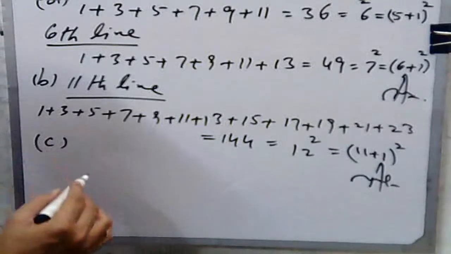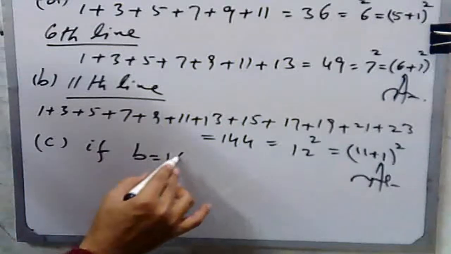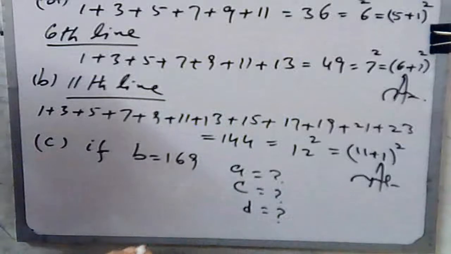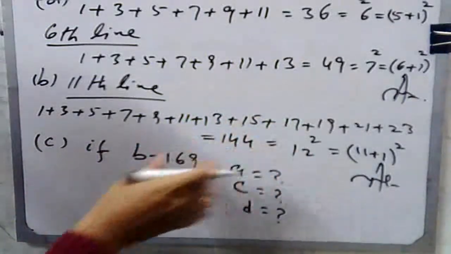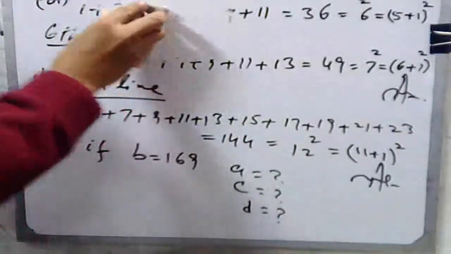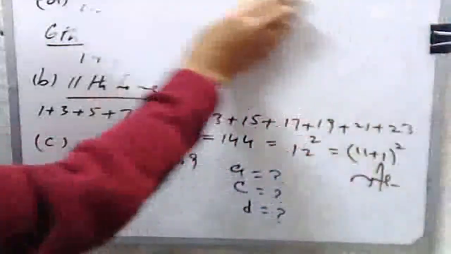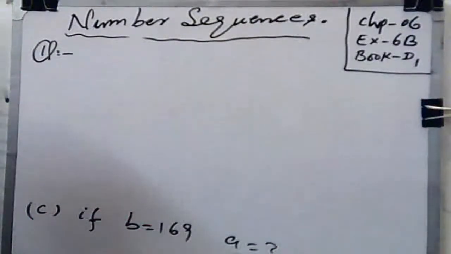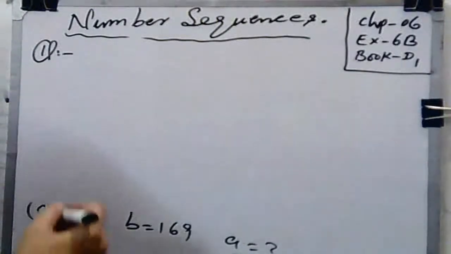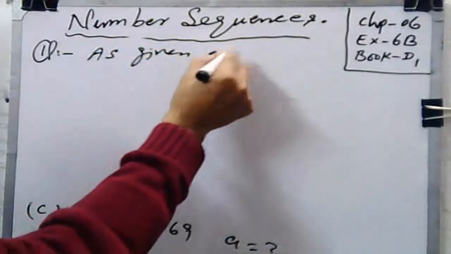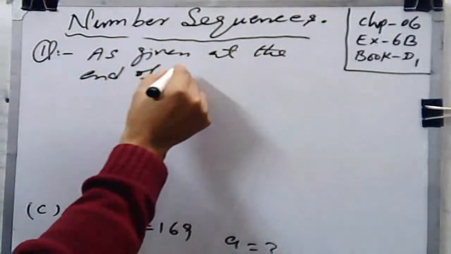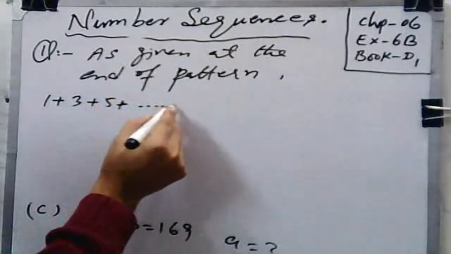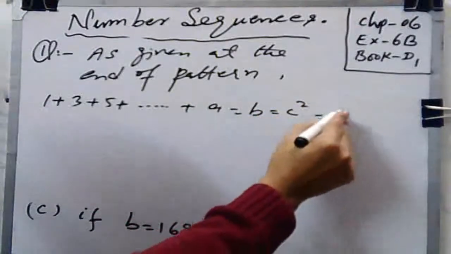So coming to the C part of the same question, we have been given that B is equal to 169, and we have to find the value of A, similarly the value of C and the value of D. If you see the pattern at the end in your textbook, we have to find the value of A, C, D. As given at the end of the pattern, 1 plus 3 plus 5 plus dash dash dash up to plus A is equal to B is equal to C square is equal to D plus 1 whole square.